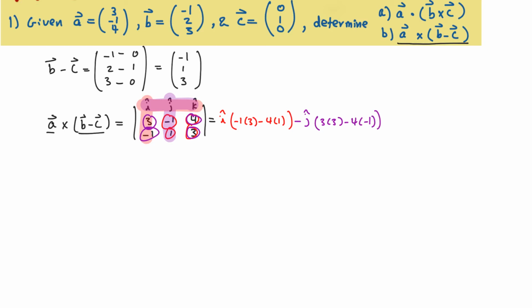And for our last component, we are going to block off the k column, and we are going to have 3 times 1 minus negative 1 times negative 1.